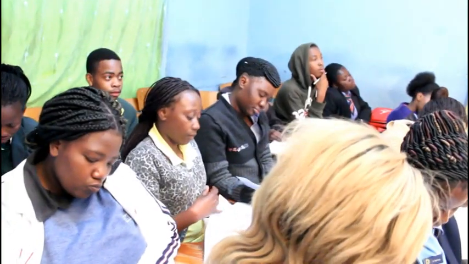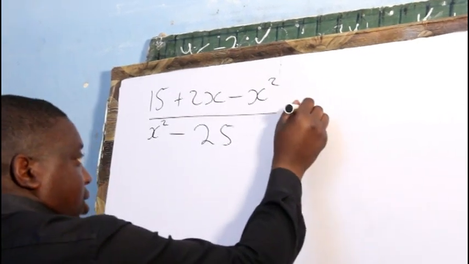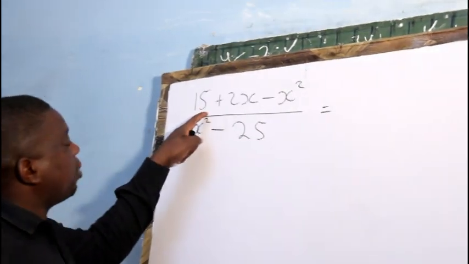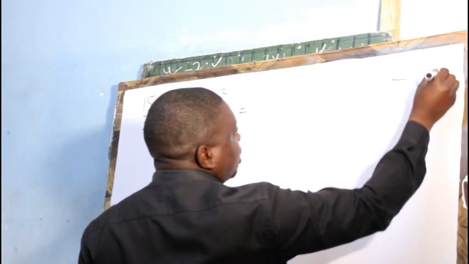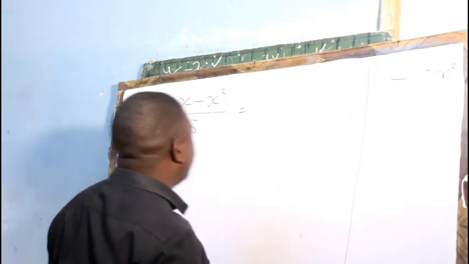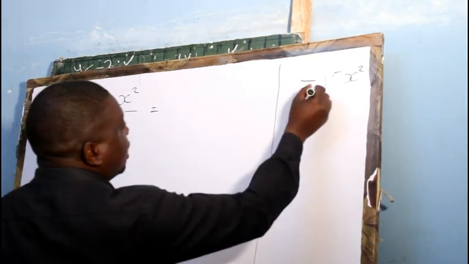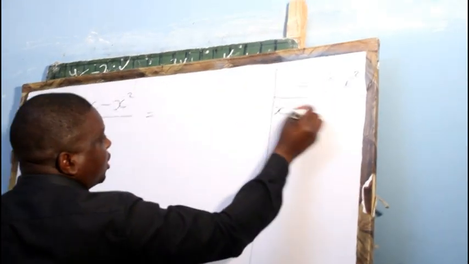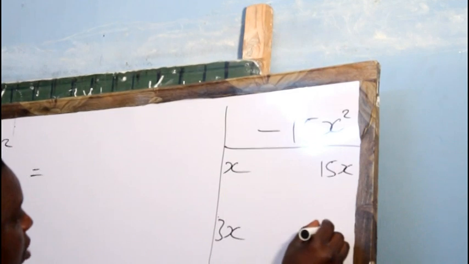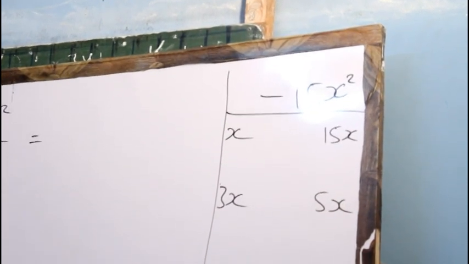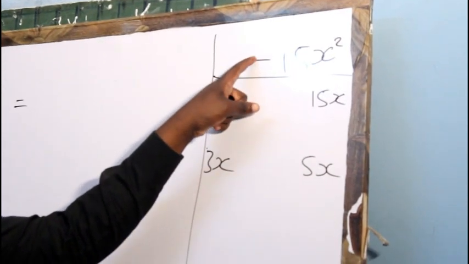Number 26. On the numerator, we multiply the first term by the last term. We get minus 15x squared. Now, minus 15x squared, we find the factors of 15x squared, ignoring the sign. We have x and 15x, and we have 3x and 5x. Which one is subtracted?